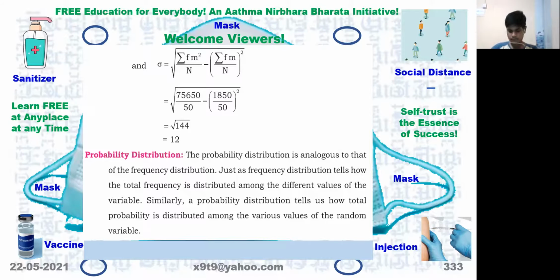We want to write all the possibilities. What are the possibilities? How many varieties of possibilities are possible?